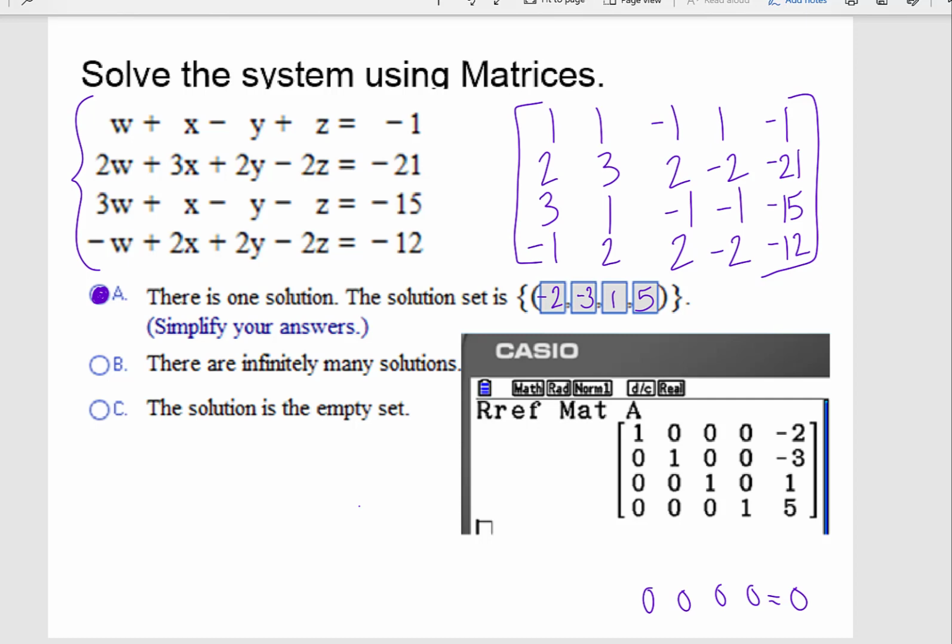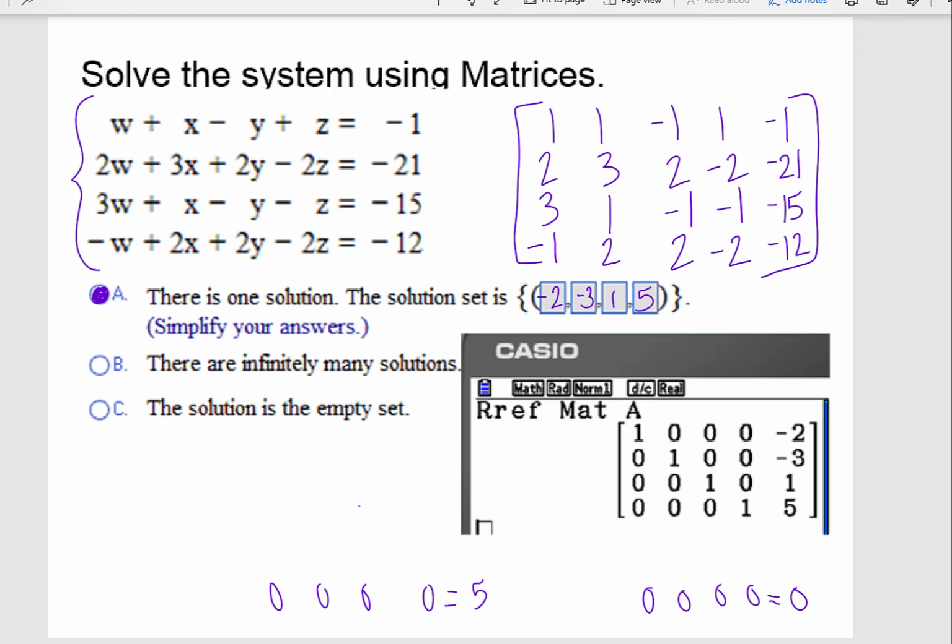But then if I have a false statement, so let's say that I have a value here, so 0 equals 5, right? Then that's not going to work. And let me put the other zeros in there, because that means it's not saying 1x, 1y, 1z, or 1w or any of that equals 5. No, it's 0 in all of those, and on the other side there's 5.